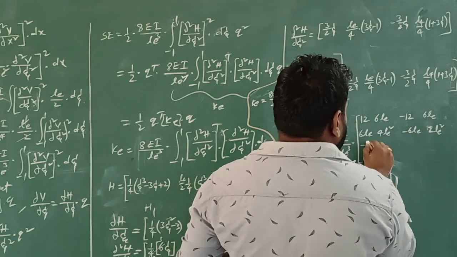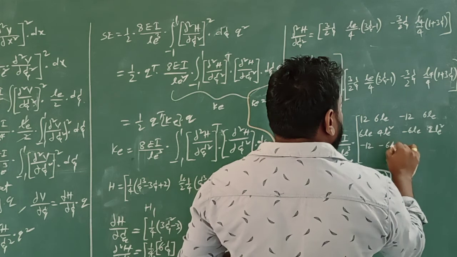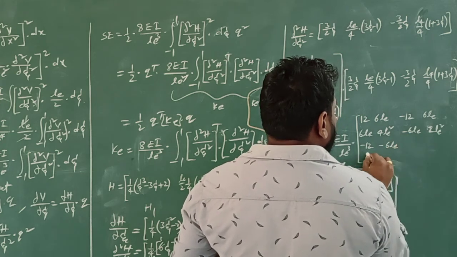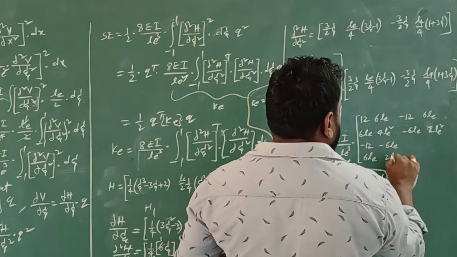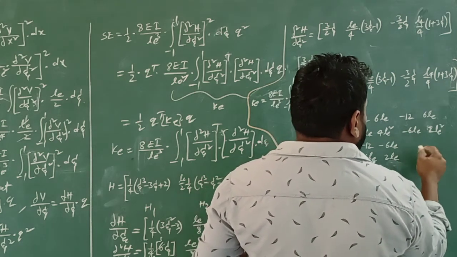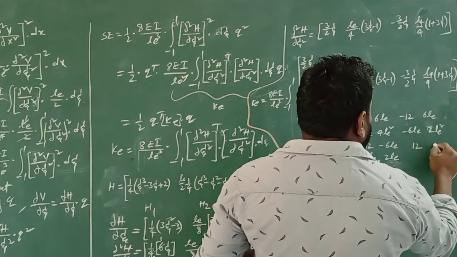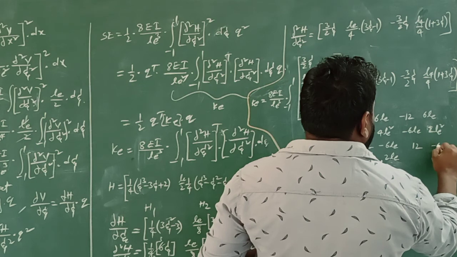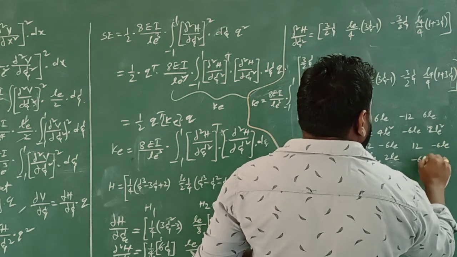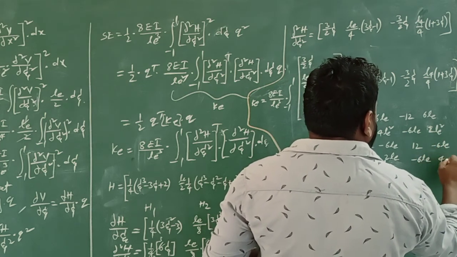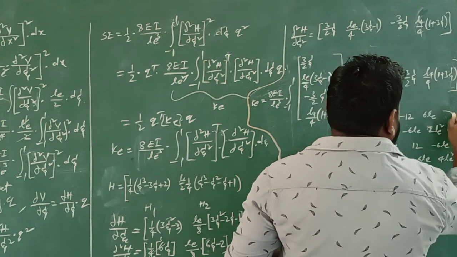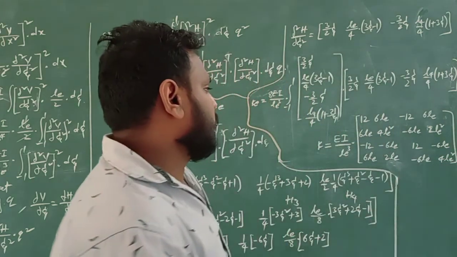Okay, 12, minus 6Le, 2Le. Next 12, minus 6Le, 4Le square. So finally we will get the stiffness matrix.